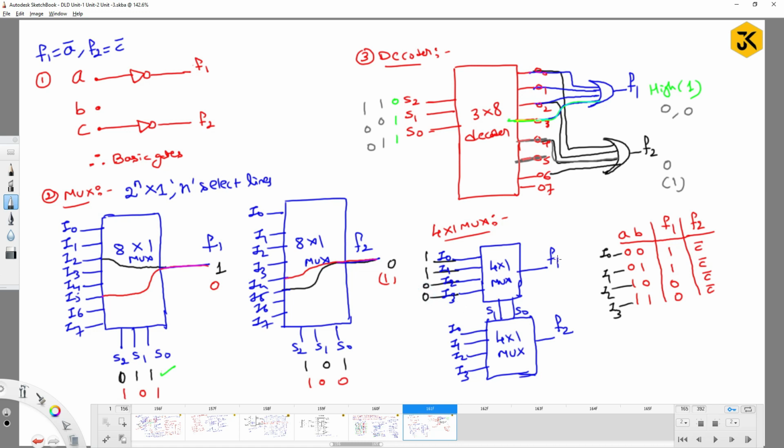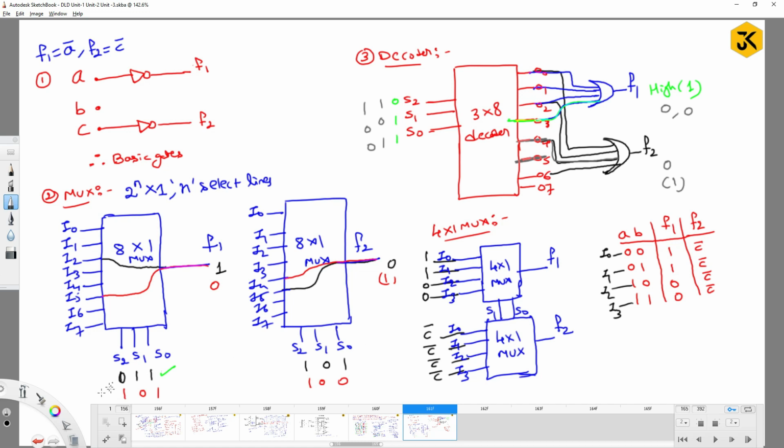Then your circuit F1 is going to work as per the given requirement. Meaning that if the value is less than or equal to 3, it is going to produce 1, otherwise it is going to produce 0. Similarly, for F2, what might be the inputs? The inputs are C bar. Okay, that's it.